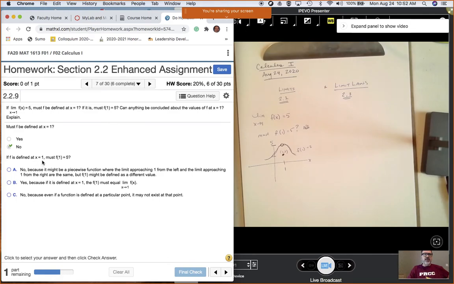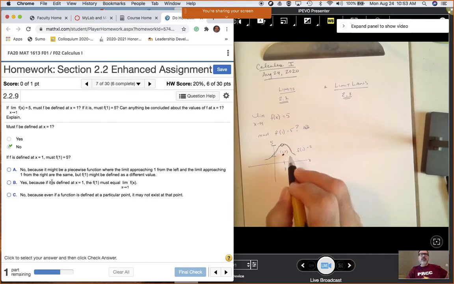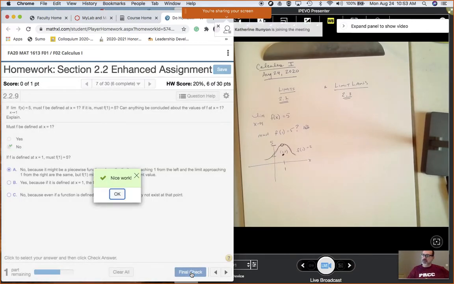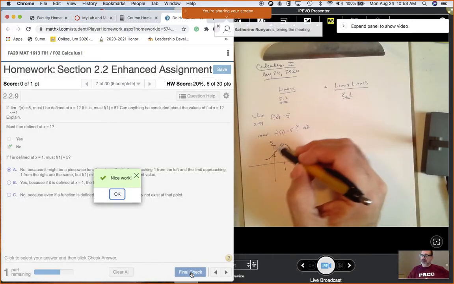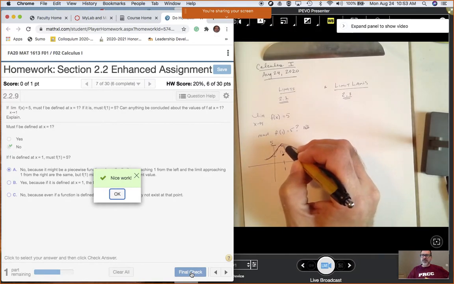If f is defined at x equal 1, must it equal 5? Well, in the same picture, we did define f at 1, but it equals 2. So the answer would be no. As long as we are approaching the y value of 5 from left and right, then the limit is 5.